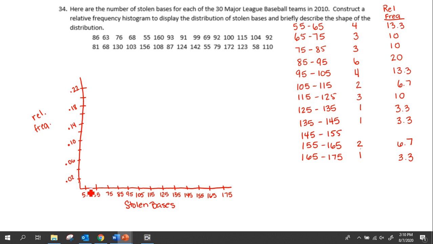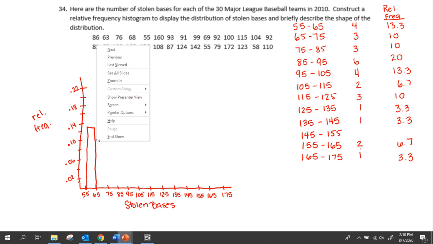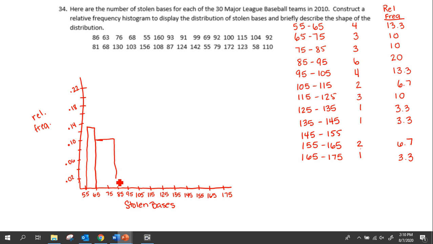So for 55 to 65, I have 13.3% or 0.133. Then I have 10% twice. I'm not the straightest line drawer, sorry about that. Then for 85 to 95, I have 20%.